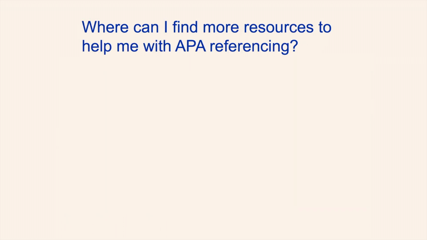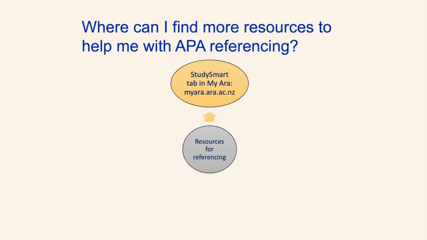APA referencing style can seem a bit confusing when you first start, but in fact it's very structured. There are many supports that you can use to help you with referencing for your assignments. The StudySmart referencing resources in MyAra, which includes the ARA APA referencing guide.